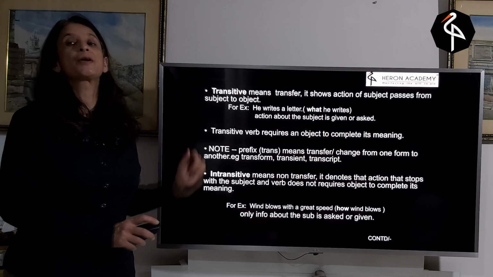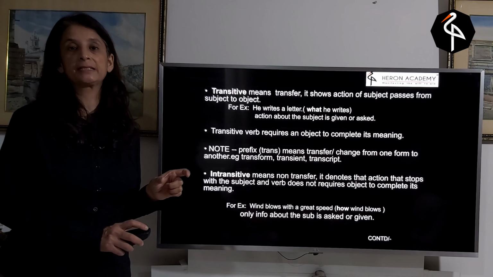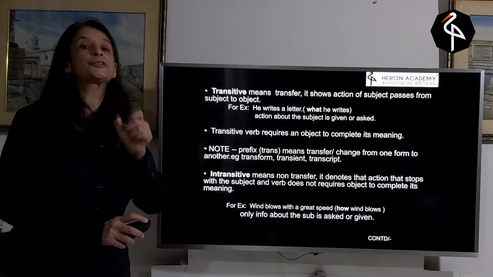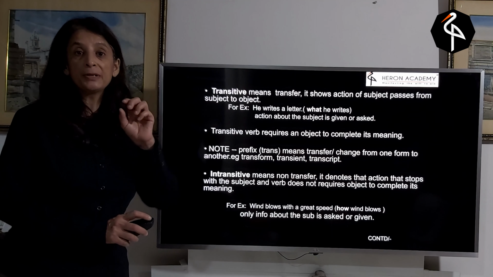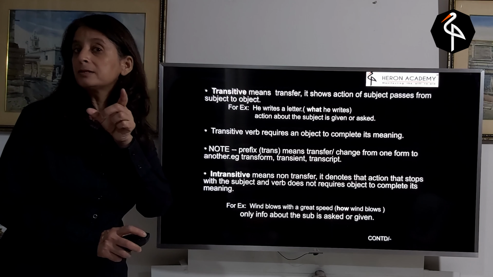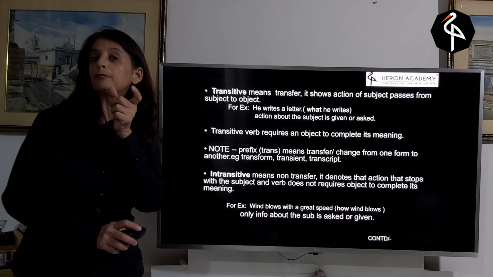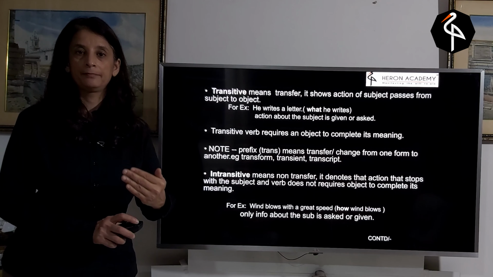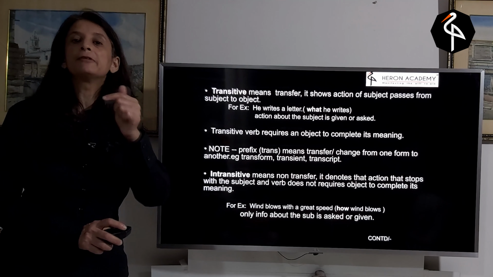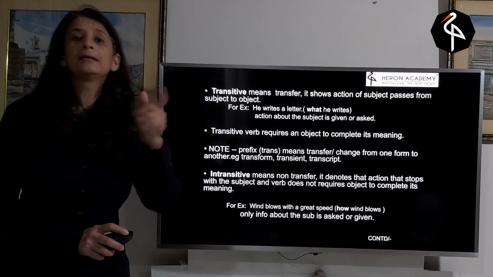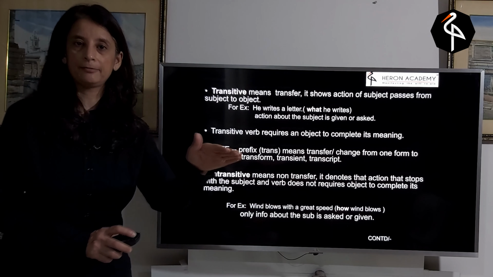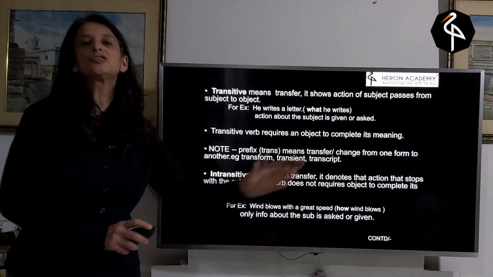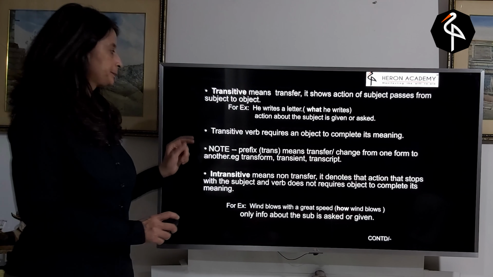So, this is transitive. So, you have to understand what type of verb it is. If it is a transitive verb, the other important key factor here is that after the verb, if there is an object, yes, object means whether it is a noun or a pronoun case, then it is a transitive verb. So, immediately what you can do is you can change active into passive, right?